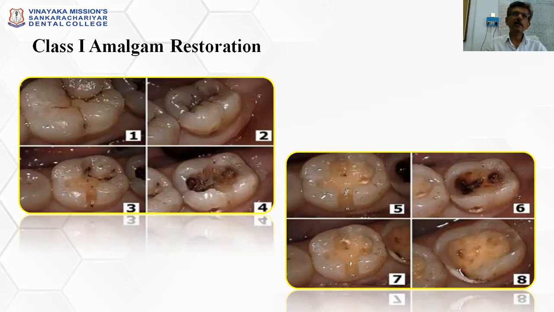And in those areas, you just apply a sub base or a therapeutic base, like calcium hydroxide. On top of that, you apply varnish and then a zinc phosphate or a glass ionomer base, depending upon the situation warranted.